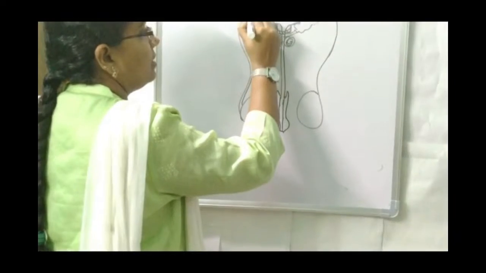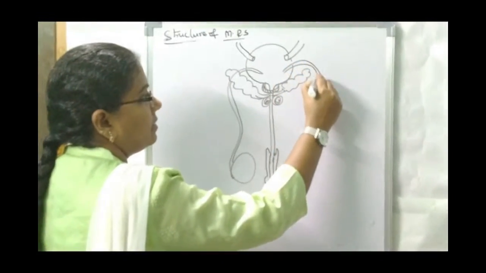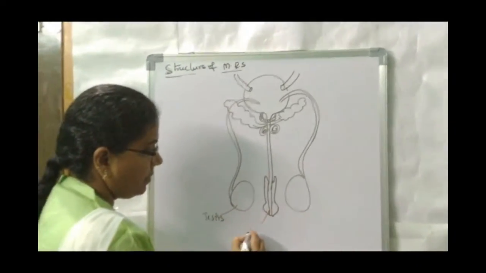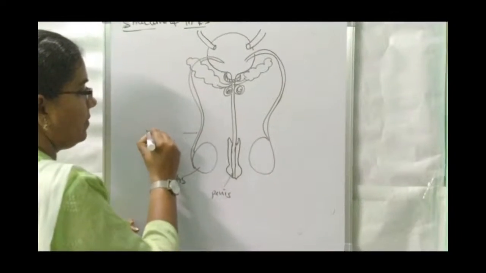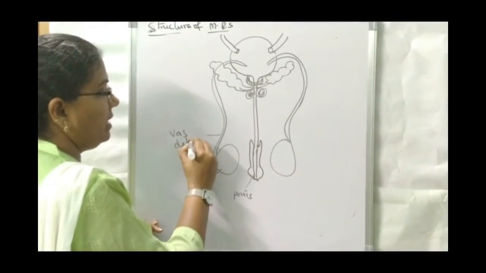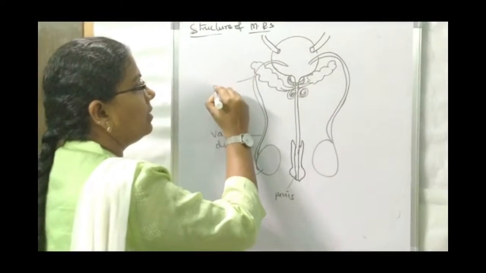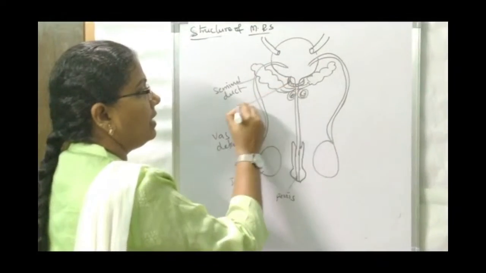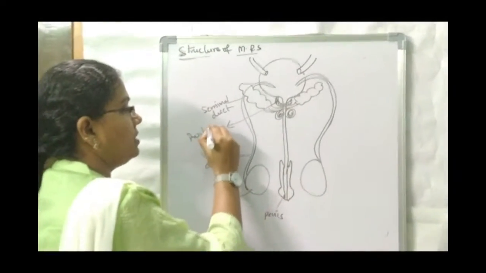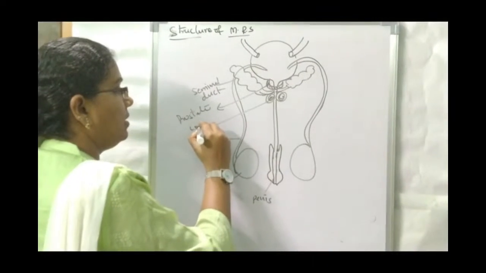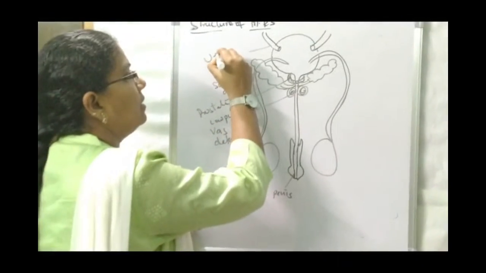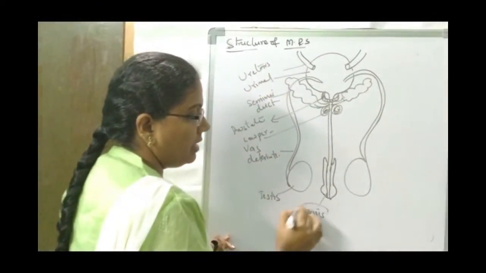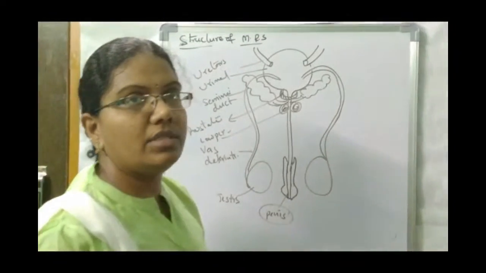This is seminal duct, testis, penis, vas deferentia, seminal duct, ring-like structure that is prostate gland, Cowper's gland, ureters, urinary bladder. The penis is called the urogenital duct.